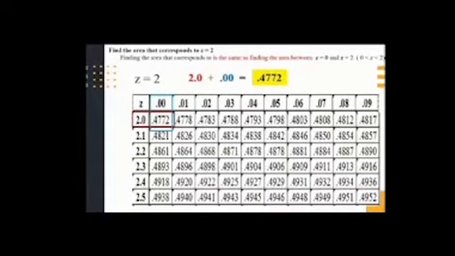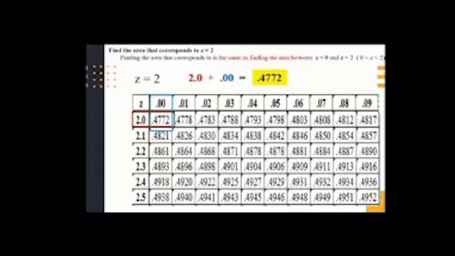So nakikita natin yung z equal 2. Hanapin natin sa left side ang z, sa 2 wala siyang kasama, magiging 2.0, at kukunin natin yung 2.0 tapos plus, ang 2 ay wala siyang kasama, magiging 0.00.